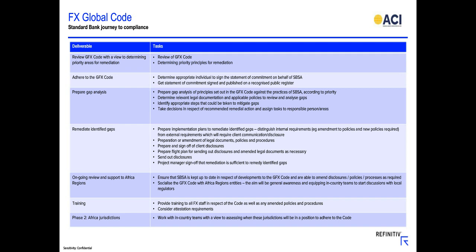So what we found is that when we got to reviewing the code, a number of the requirements or principles of the code had been addressed in some shape or form within our institution. We then immediately did a gap analysis to what we already had in place to what is required to meet adherence to the code, and the gap analysis really showed us that the main areas of concern were around disclosure.